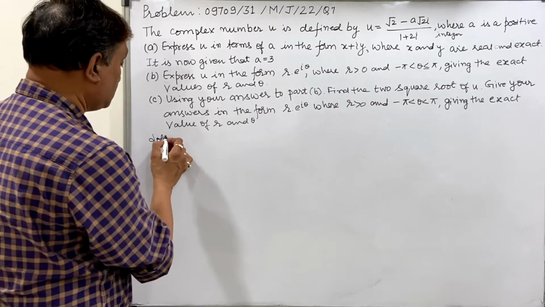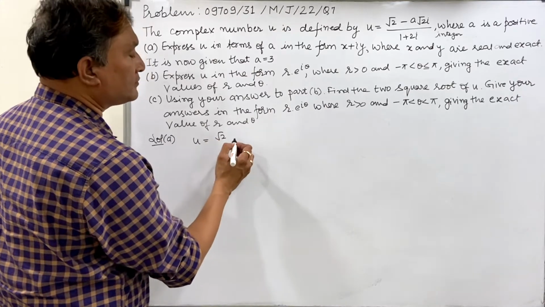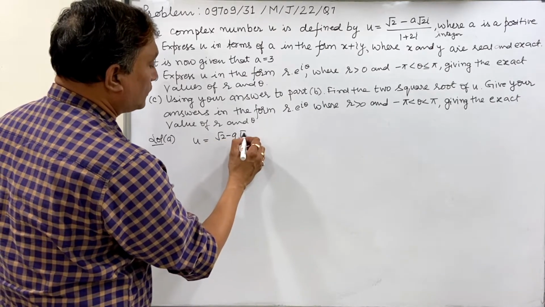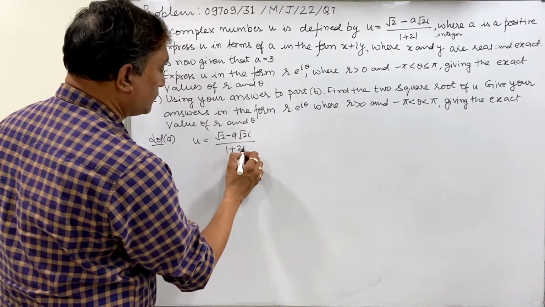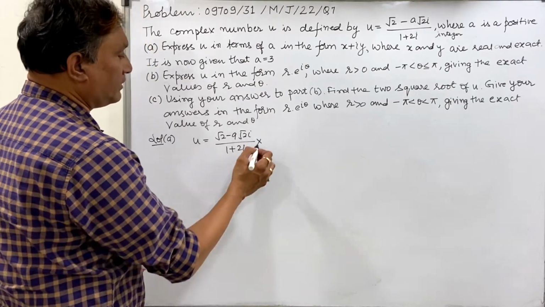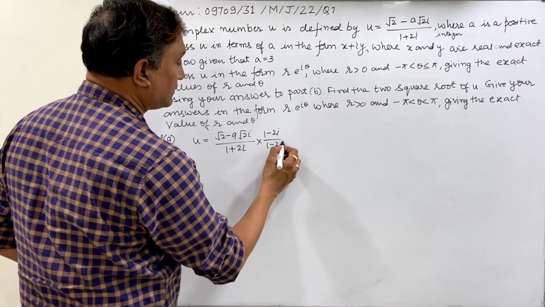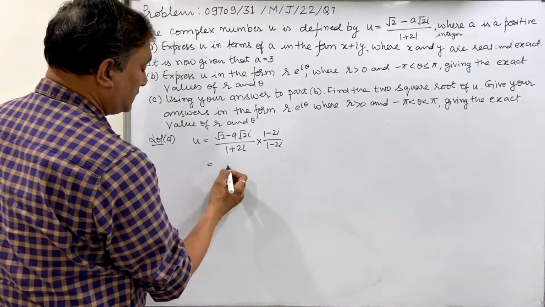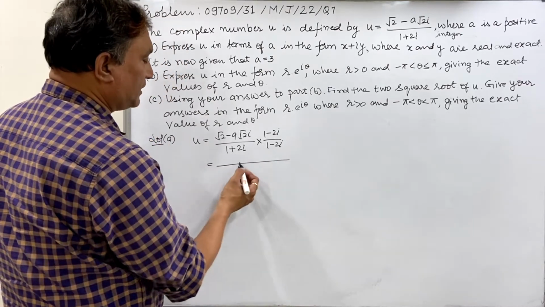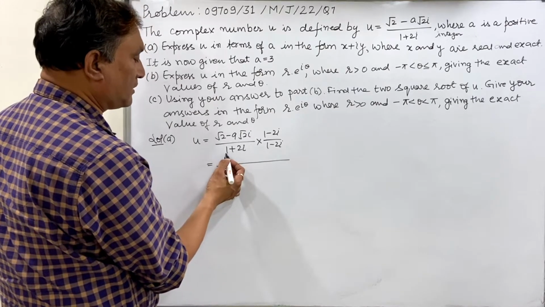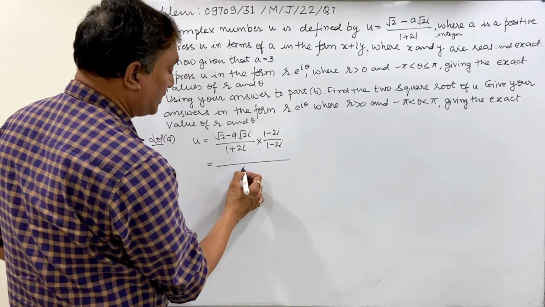We have u equals (root 2 minus a root 2 i) upon (1 plus 2i). Now we will multiply by (1 minus 2i) upon (1 minus 2i) here. So the denominator would be (a plus b)(a minus b), which is 1 squared plus 2 squared, so the denominator would be 5.